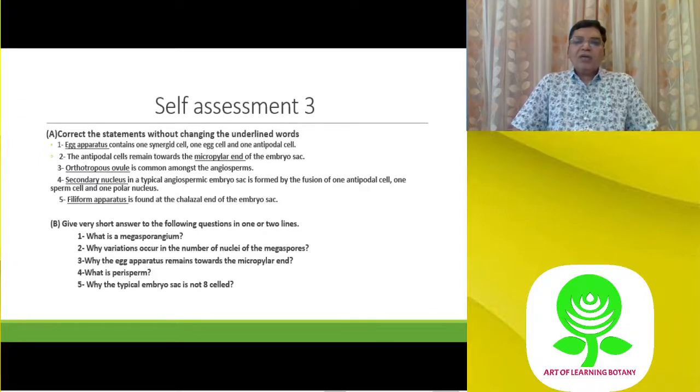Now, give very short answers to the following questions in one or two lines. What is a megasporangium? Megasporangium is the structure in which megaspore is formed. Why does variation occur in the number of nuclei of the megaspore? Because of the differential occurrence of cytokinesis or cell wall formation.